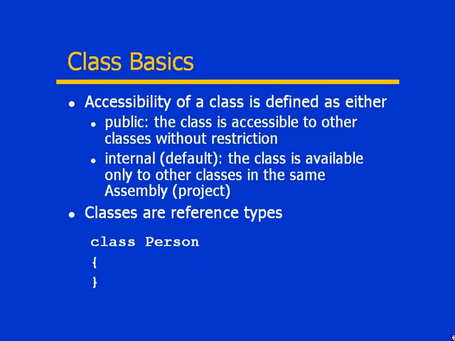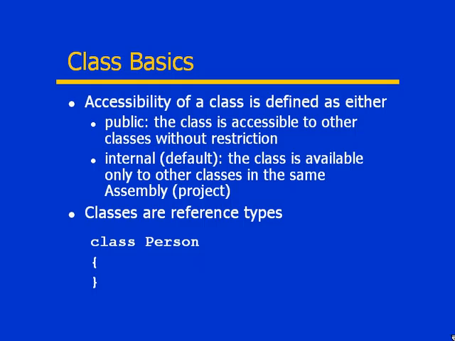Now, classes are reference types, and that means that when we create an instance of a class, we're going to have a reference returned to us, and we actually manipulate the class objects through that reference. This usually happens through a reference variable. In its very simplest form, therefore, a class is really nothing more than an identifier.